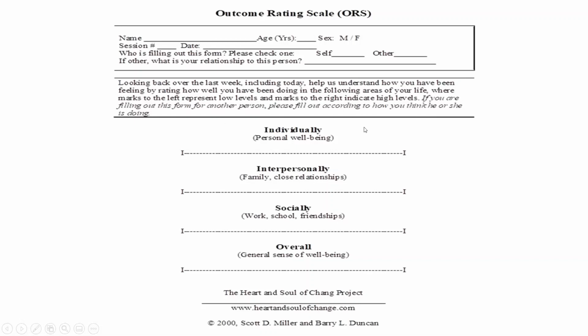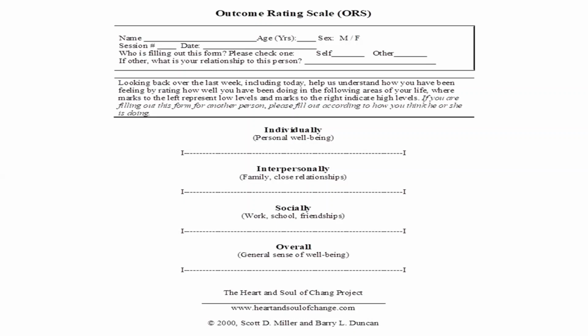If you have a collateral in session, which a lot of times when we're working with addiction clients, substance abuse clients, mandated clients, we want to get the perspective of the collateral. So we could have the collateral fill this out as well on how they feel the client is doing.